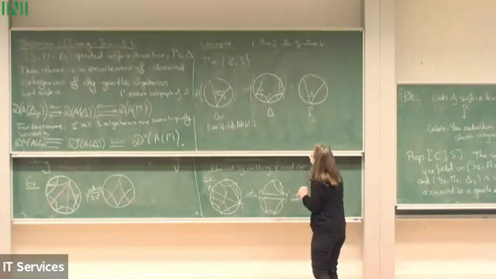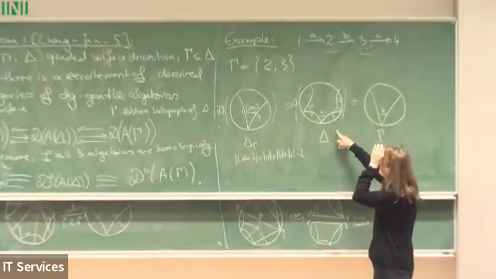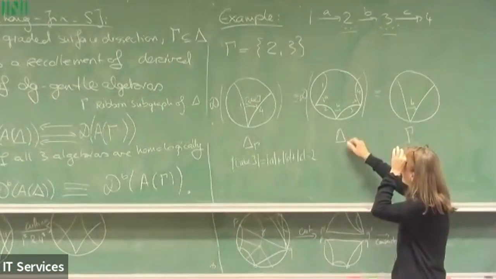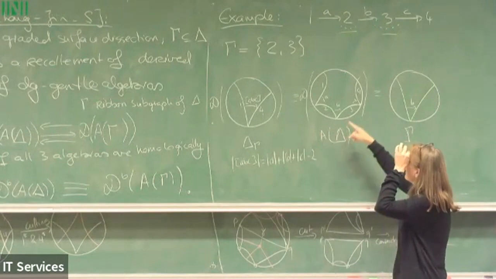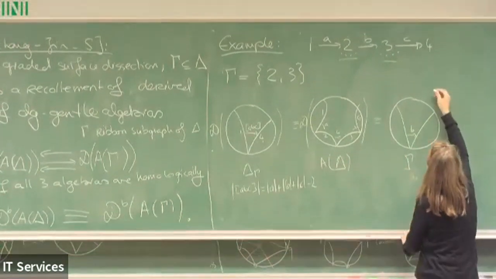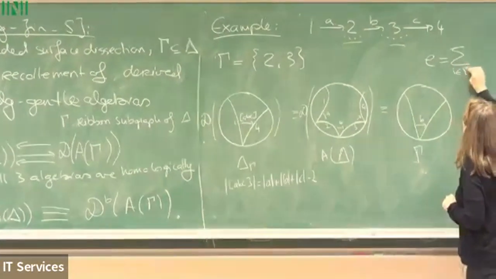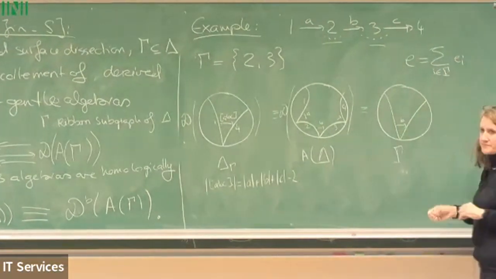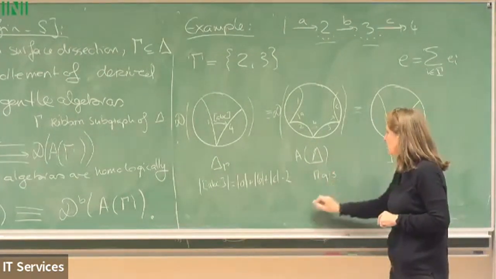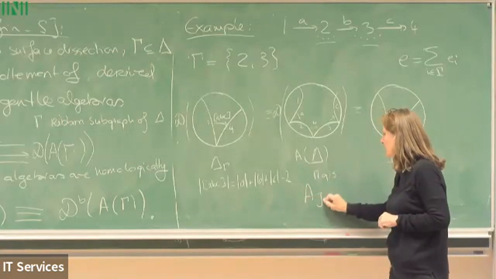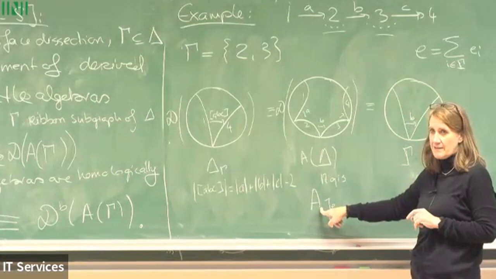Okay, so what we do is we have this algebra here, and we have an idempotent E, which is the sum over all i in gamma of e_i. And then we show that this algebra is quasi-isomorphic to some algebra which now has a non-zero differential. So this is a true differential graded algebra.